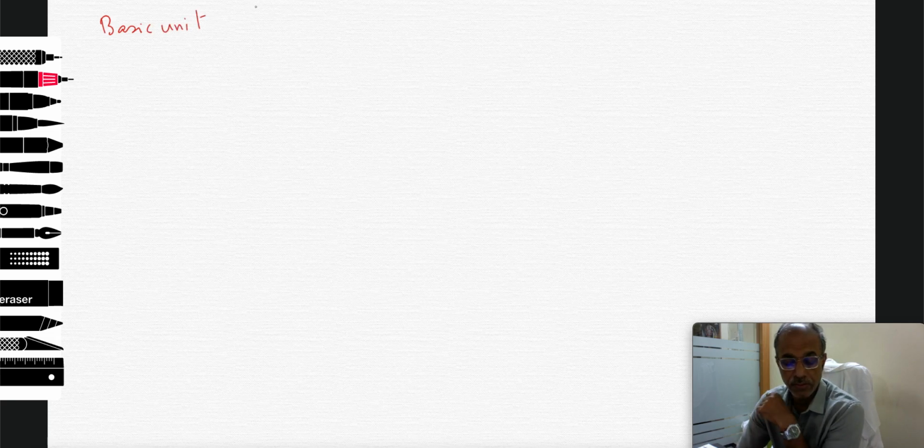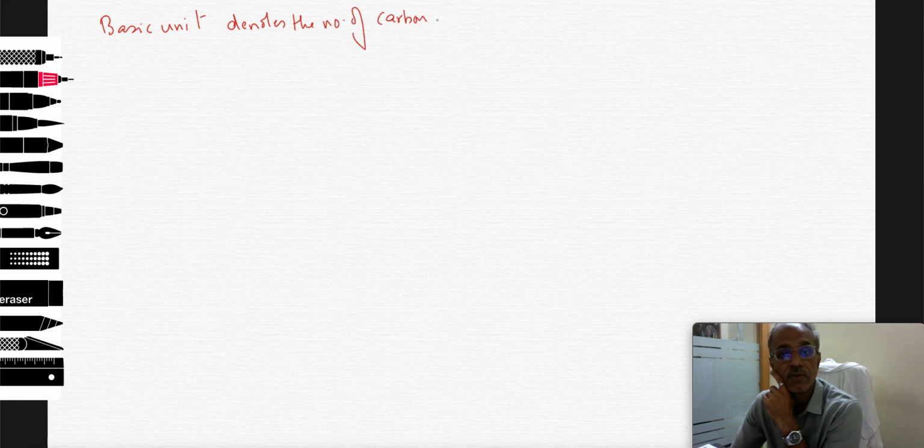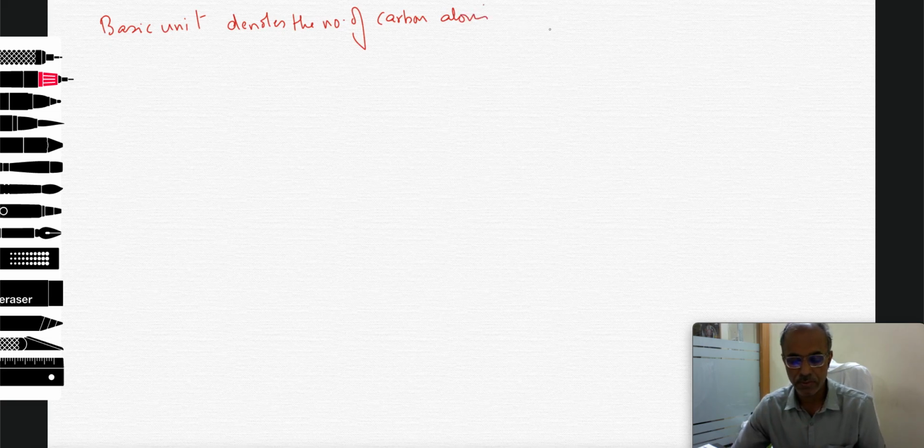You can say a basic unit that denotes the number of carbon atoms in the principal chain.